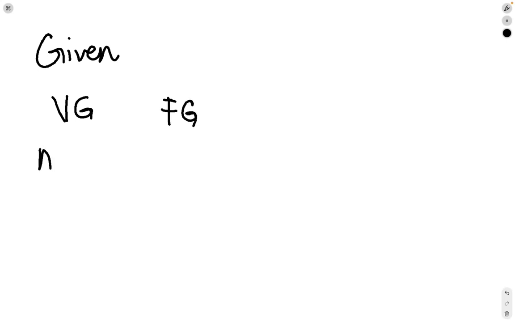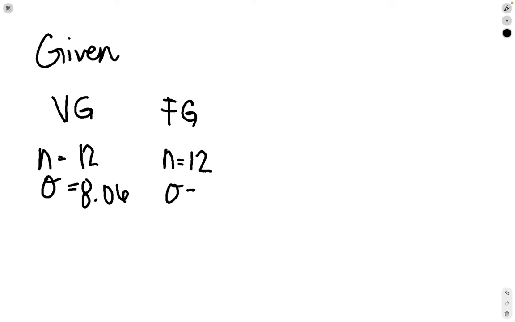In the group of Verhel, the sample size is 12 and the standard deviation computed is 8.06. On the other hand, the sample size here is 12 and the standard deviation computed is 22.18. So you can see the data in Francisco's group is actually more varied because their standard deviation is larger.